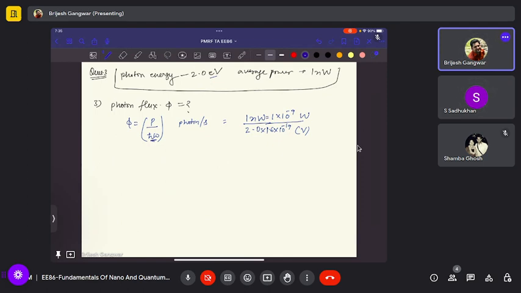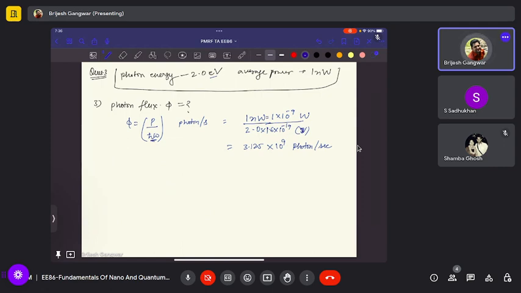What will the answer come to? It is approximately 3.125 into 10 to power 9. So this number of photons per second will be the photon flux for this given beam.